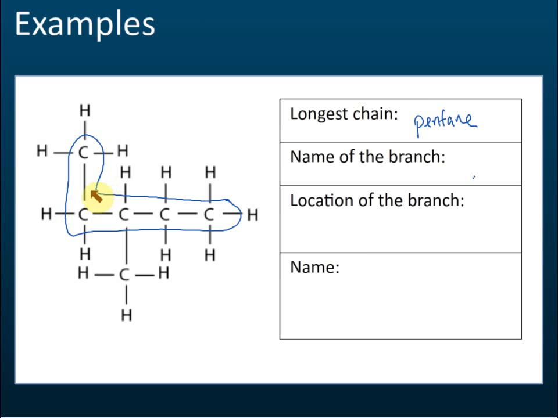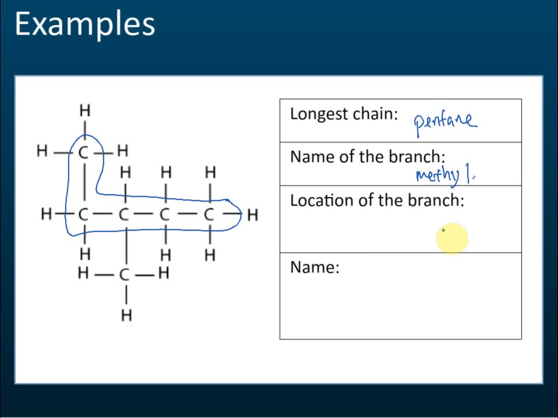Okay? So if you see something like this, there is a branch attached to the first carbon, then you must be very careful. This cannot be a branch. If attached to the first carbon, then it will be part of the longest chain, okay? And therefore, the longest chain has 1, 2, 3, 4, 5 carbons. Be careful, right? Name of the branch, methyl, of course.